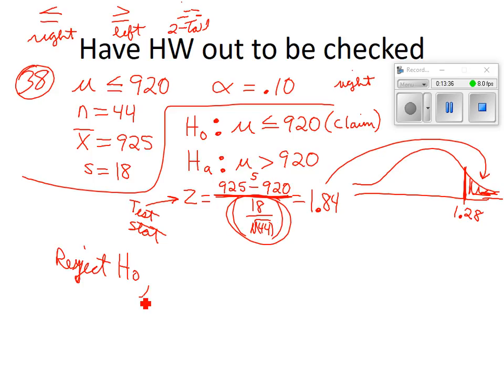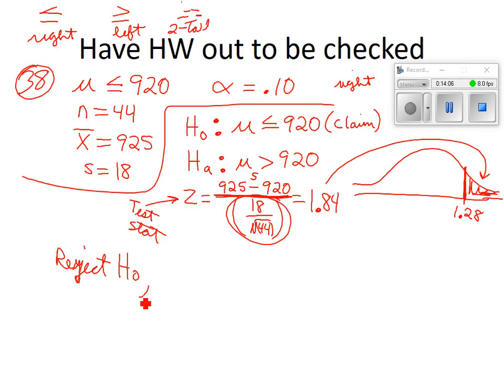So our H0 this time was the claim. We look at that first column and we're rejecting it. So it says there is enough evidence to reject the claim, and then in parentheses it says false. Jesse, I apologize, you were right.